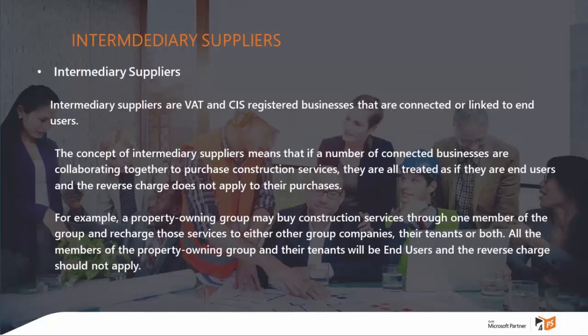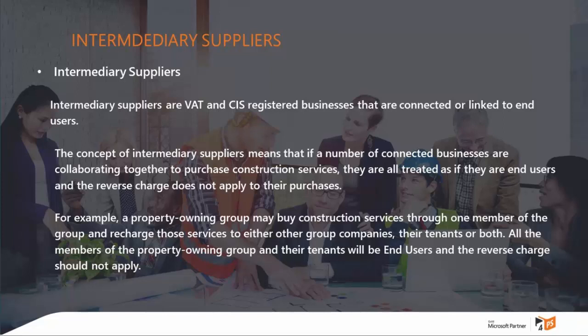Intermediate suppliers are VAT and CIS registered businesses that are connected or linked to end users. This concept means that if there are a number of connected businesses collaborating together to purchase construction services, they are all treated as if they are end users and reverse charge will not apply.